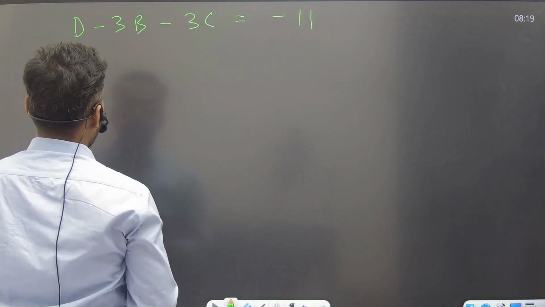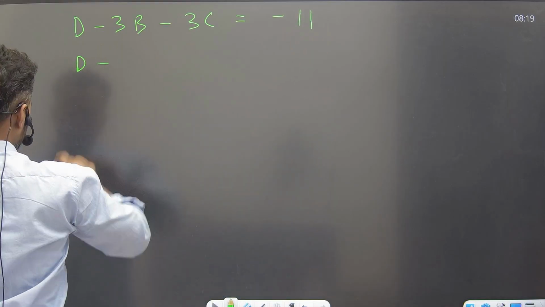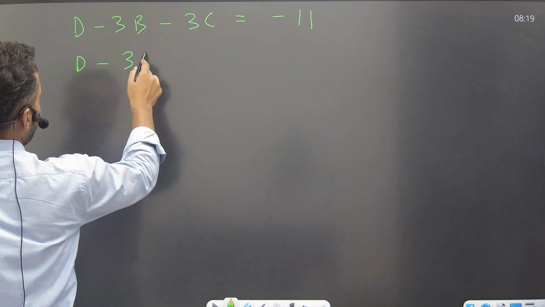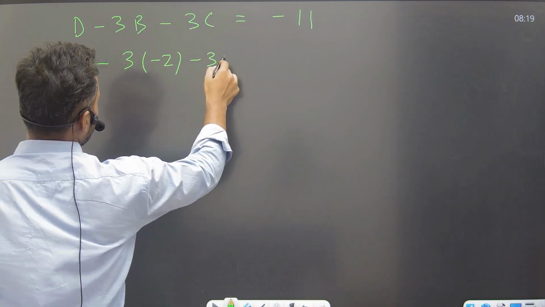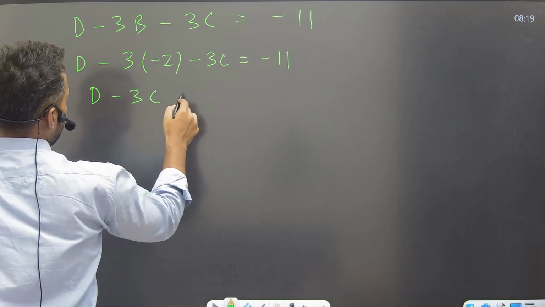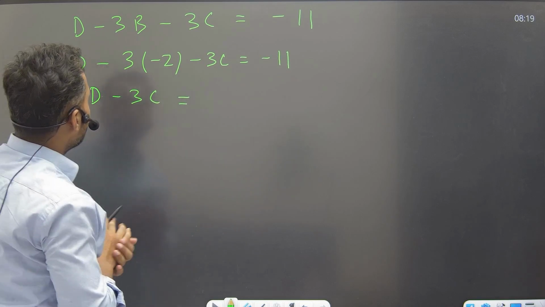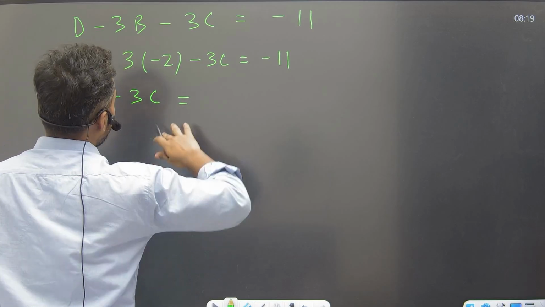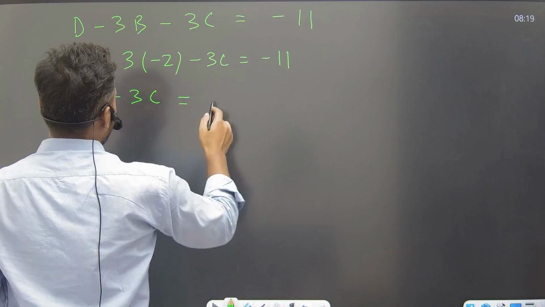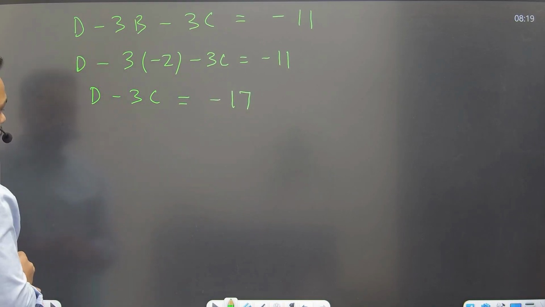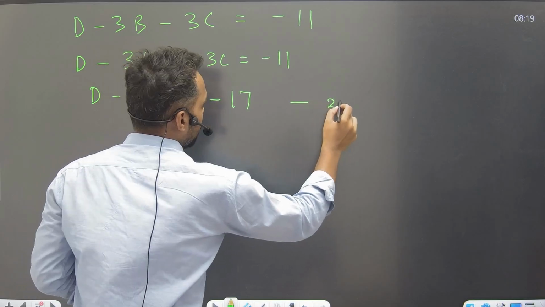Now we know the value of b here. B we have already calculated, that is minus 2. So d minus 3 times minus 2 minus 3c equals minus 11. So from here you will get d minus 3c, and 3 times 2 will be 6, that is positive 6, so here you will get minus 17. Okay, so consider this as the second equation.